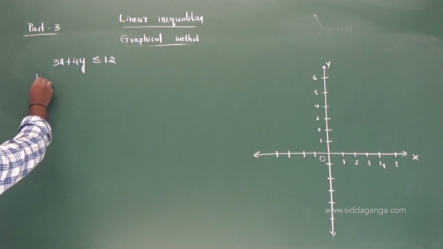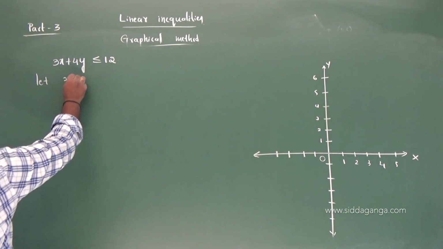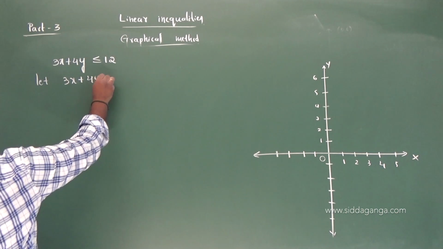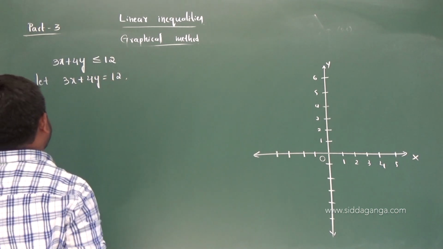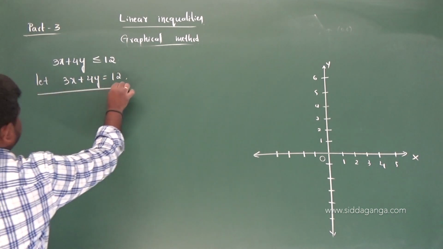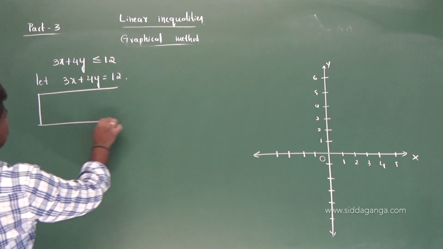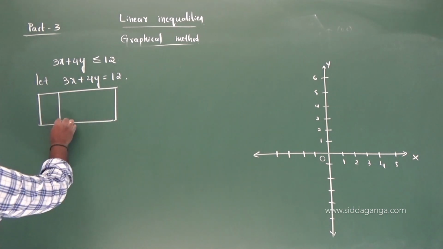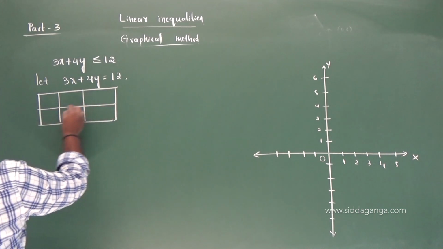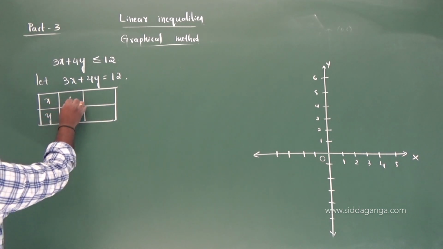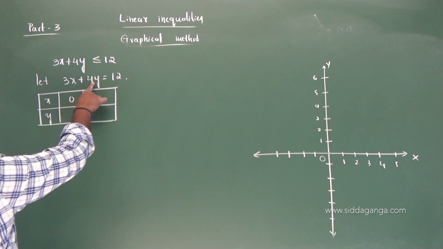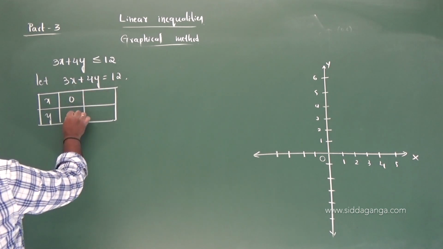The first step is to let 3x plus 4y equal to 12 be a line. Passing through what? When x is 0, 4y is equal to 12, then y is equal to 3.